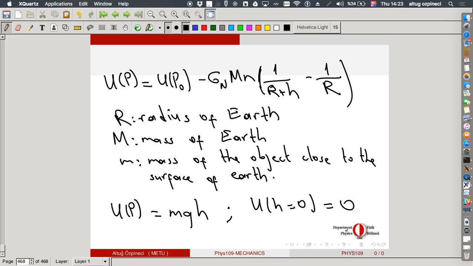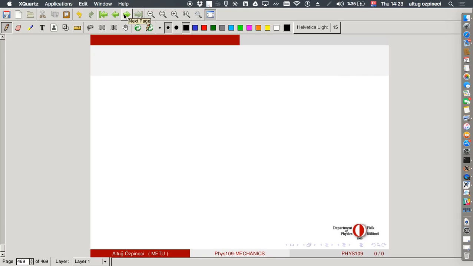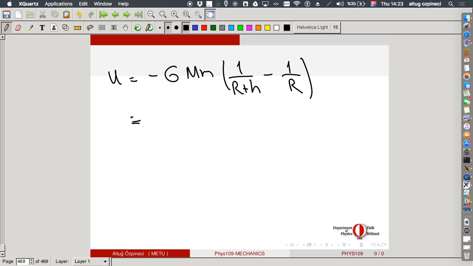The trick is that, to compare the potential energies, you have to choose the same reference point and assign the same value of potential energy to it. When h is equal to 0, the potential has to be equal to 0. Looking at the first expression, when h is 0, this term is 0, and what is left is the potential at P0. So we have to choose U of P0 to be 0.